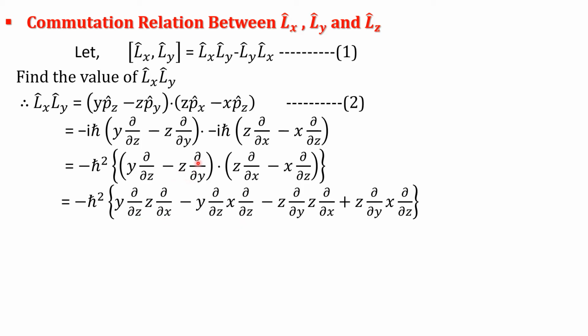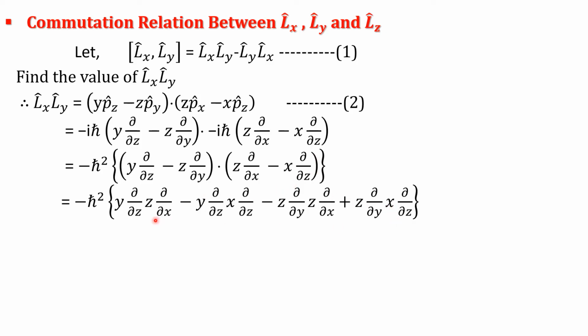Similarly, minus z del/del y multiplied to the second bracket: the first term is minus z del/del y into z del/del x. Minus minus becomes plus, so we write the term plus z del/del y into x del/del z.